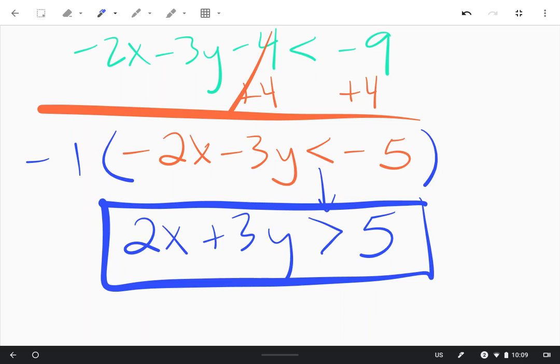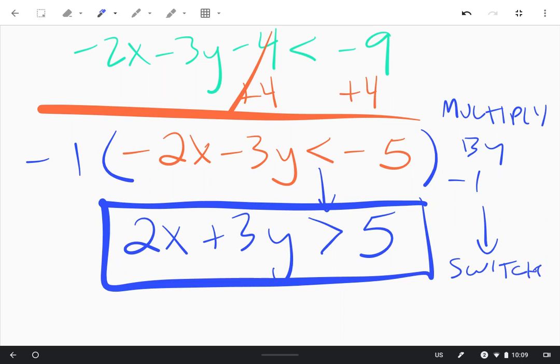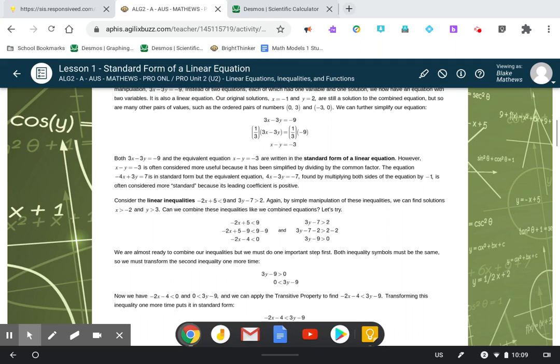I'm just showing you what it looks like to make it a little prettier, to get rid of those negatives. So you might need to do that. And if you ever need to do that, don't forget to switch the inequality sign, right? So multiply by negative 1, switch the inequality symbol. All right, so that's pretty much it.